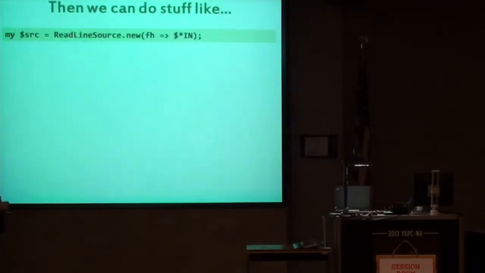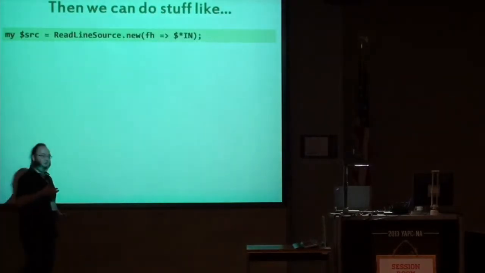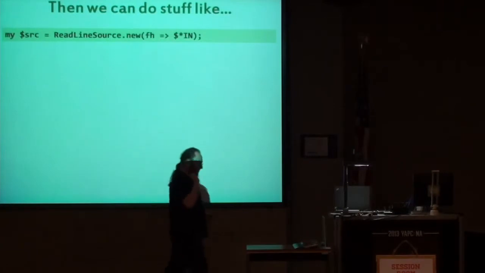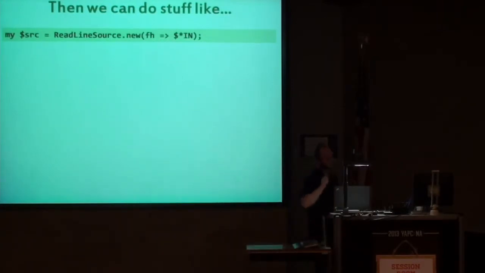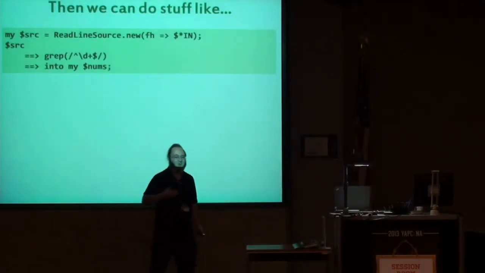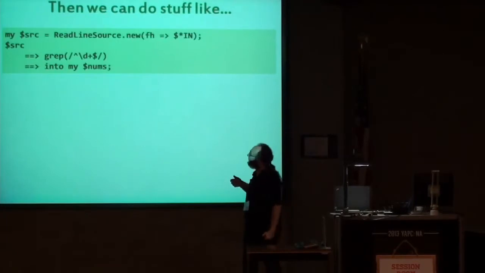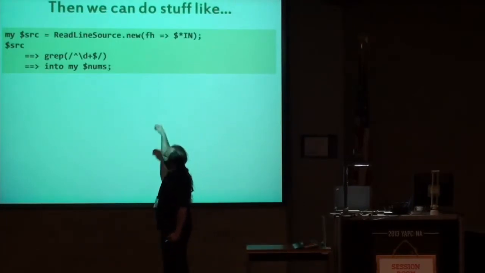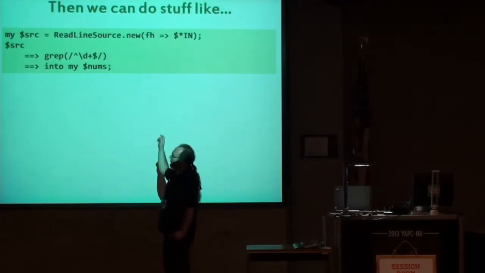So then I can start writing code where I take this source of events or items of data, and whenever one comes in, I can use this nice pipe syntax, because I've done all these overloads. I can grep for all of the things coming through, and shove them into some other observable.